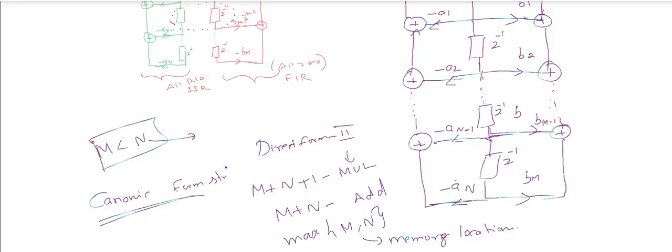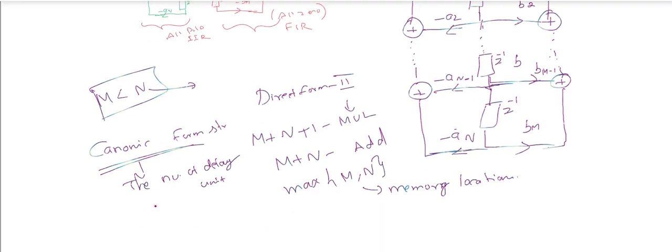The number of delay elements, or memory allocations, is equal to the order of the system.